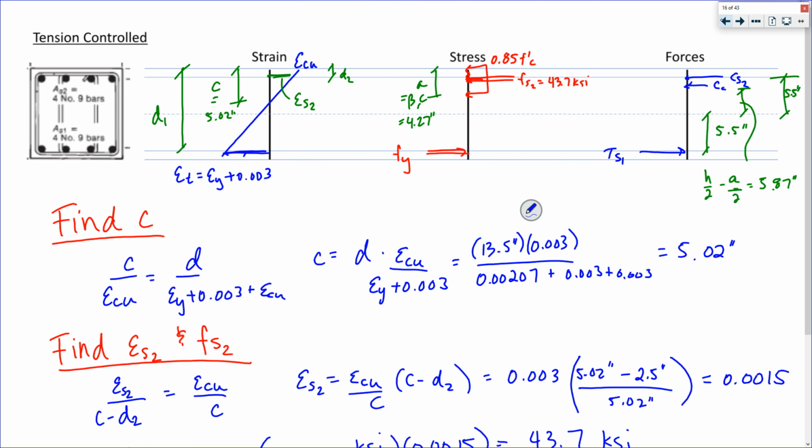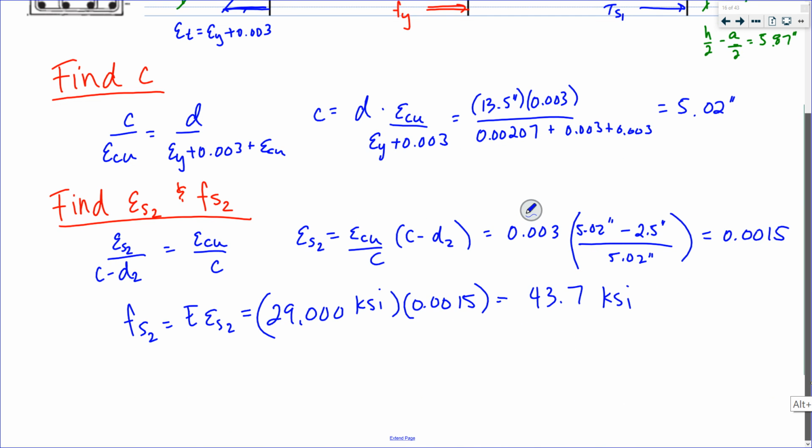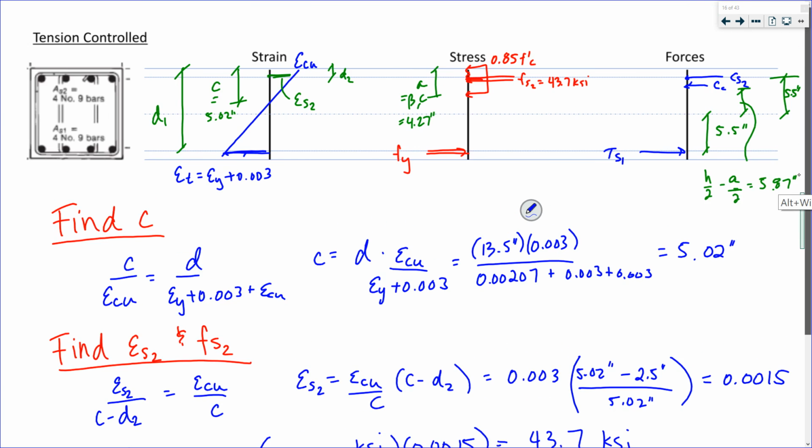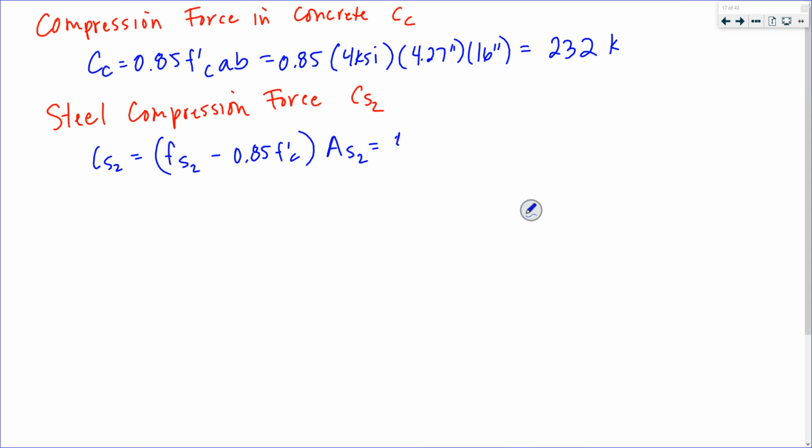My stress, 43.7 KSI, minus 0.85 times 4 KSI, times 4 inches squared.